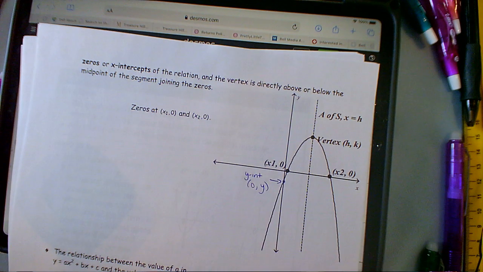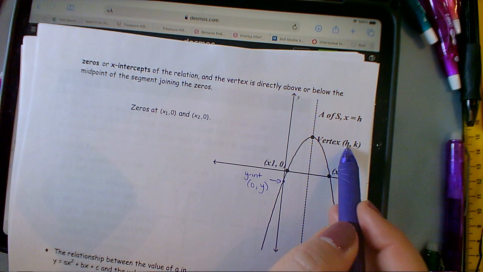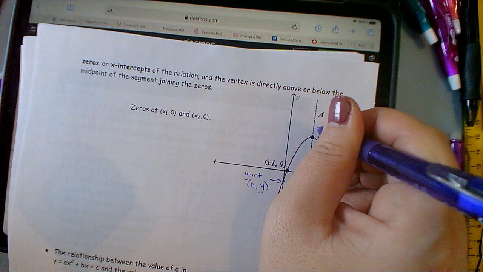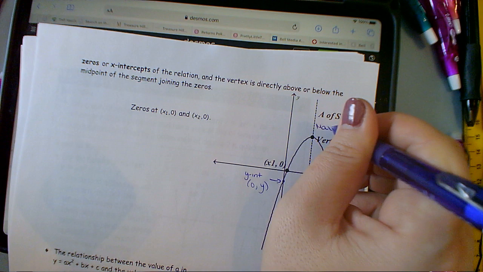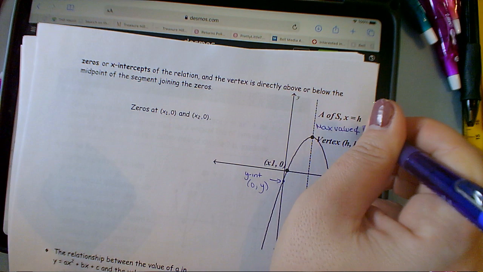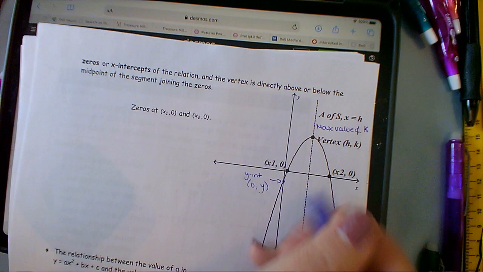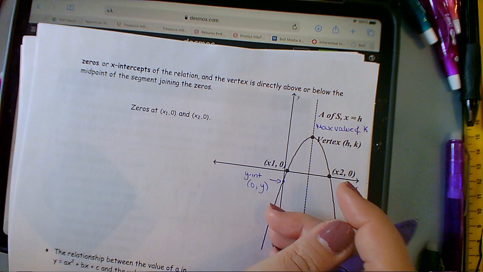Axis of symmetry, we know, is the dotted line that goes through. So whatever the x value of the vertex is, that's what's used up here. And this one has a max value of k, whatever the k value is of the vertex, meaning the y coordinate. The x-intercepts x1, x2, whatever those numbers are that it touches at.